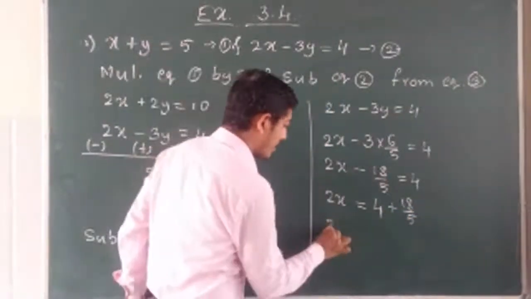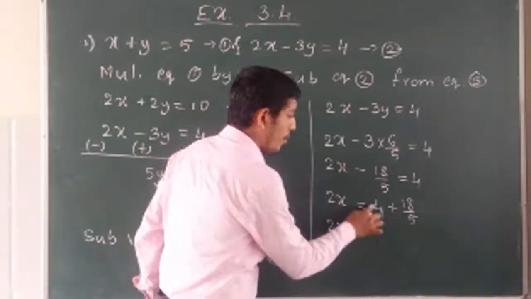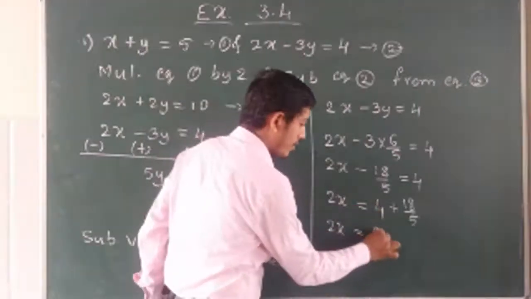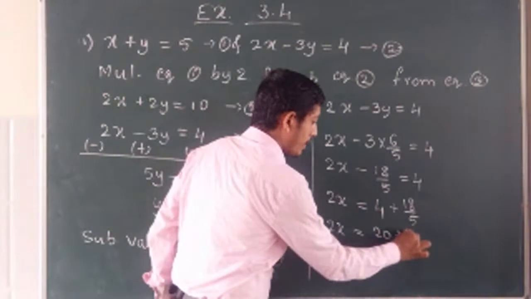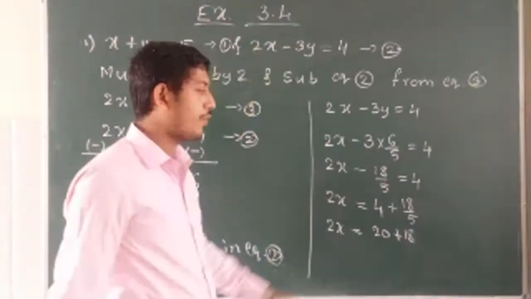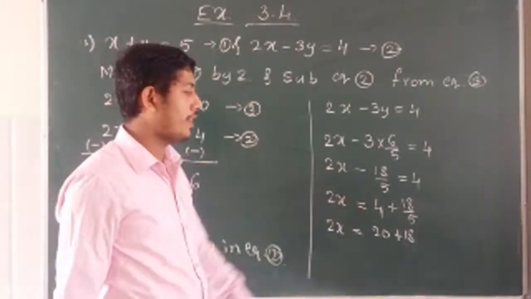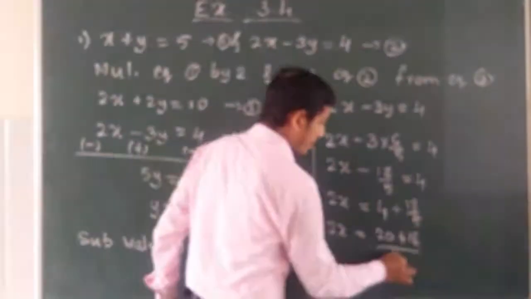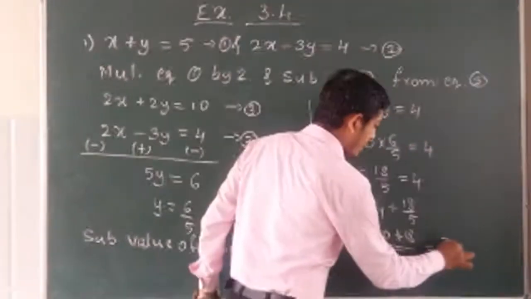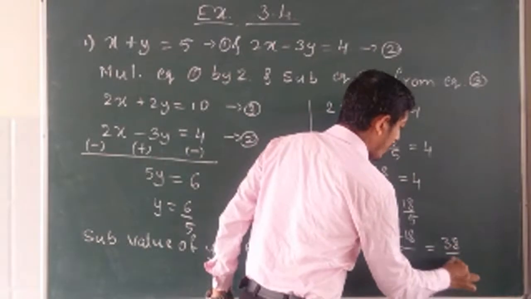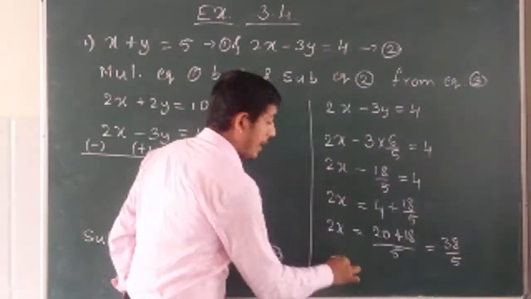Then this gives 2x equals to 4 5s are 20 plus 18, because LCM is 5 here, therefore we have to multiply. So 4 5s are 20 plus 18 divided by 5, it gives 38 divided by 5, that is value of 2x.